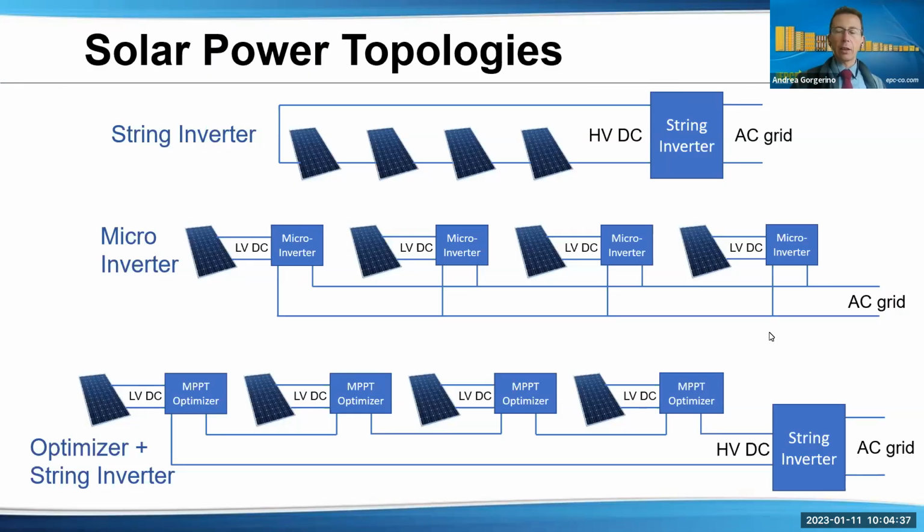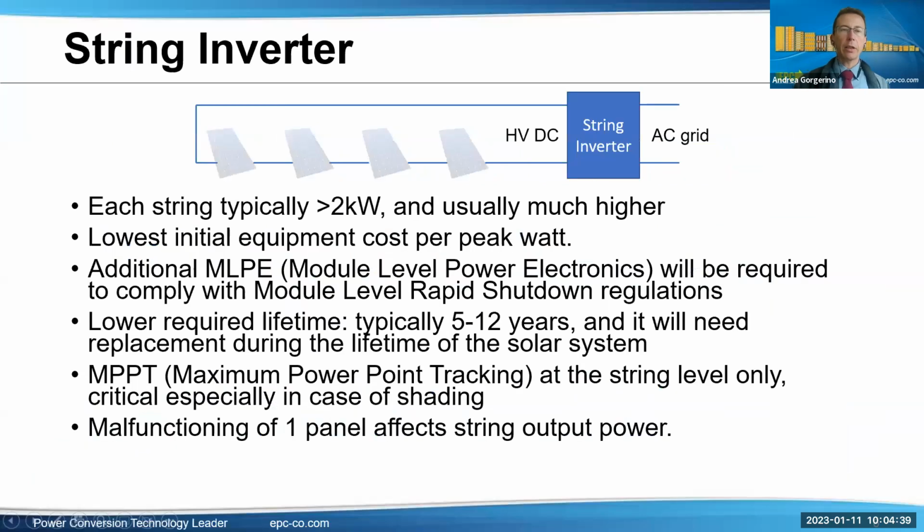So let's look a little bit at how these work in more detail. The first one is the string inverter. Each string is typically at least 2 kilowatts and can be much, much higher. As I said, these are also used all the way to utility scale systems. It has the lowest initial equipment cost per peak watt because you have a single inverter system. One limitation is it might require some additional module level power electronics when you are required to comply with the new regulations on module level rapid shutdown.